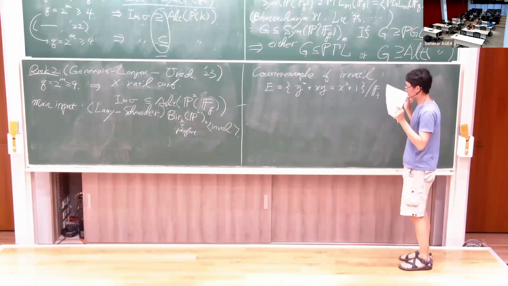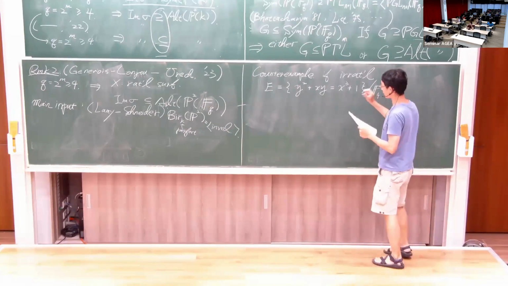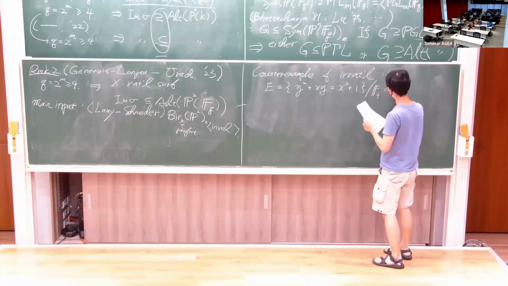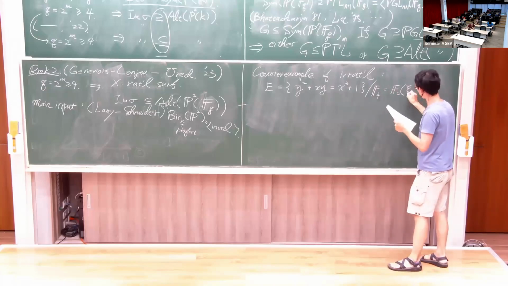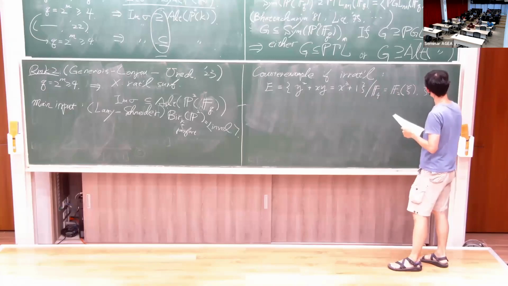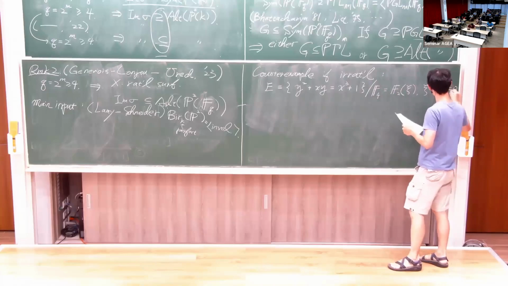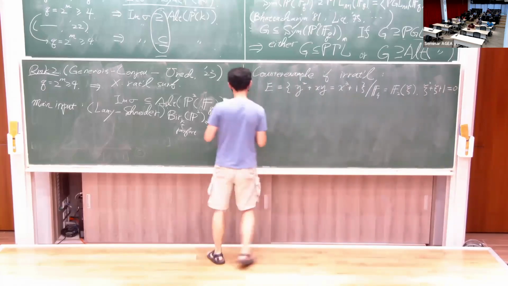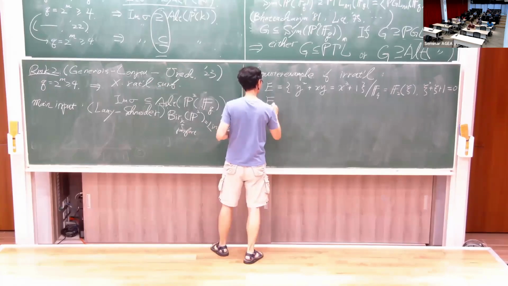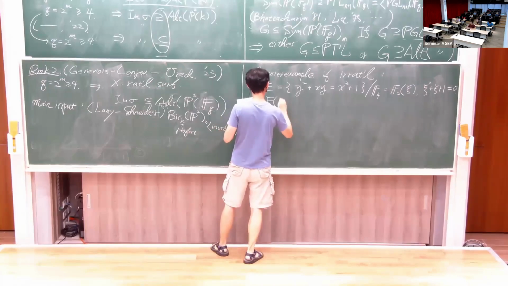And in order to write points down very explicitly on this elliptic curve, let me write F4 as F2 with c, where c satisfies c squared plus c plus 1 equals 0.